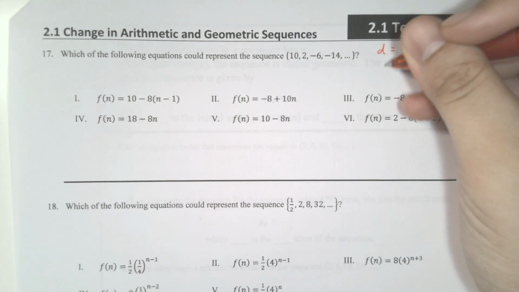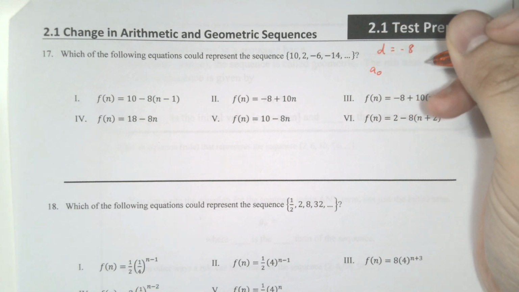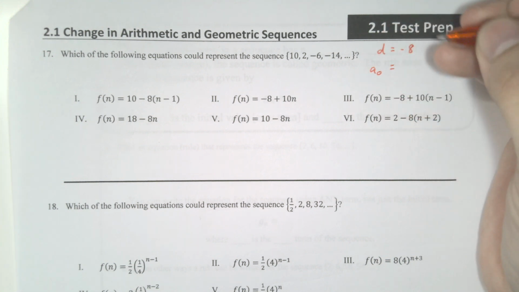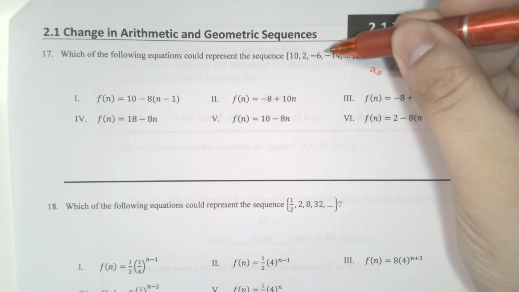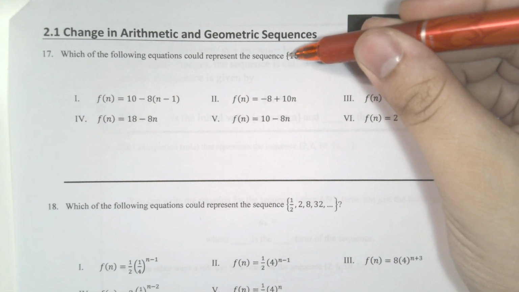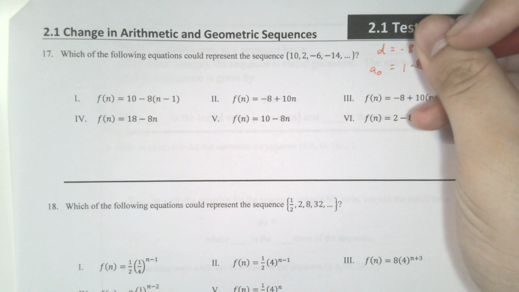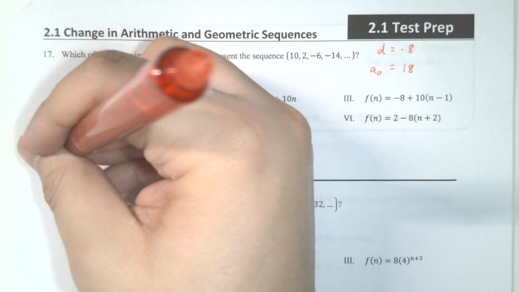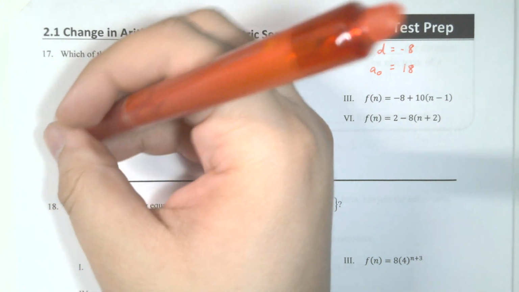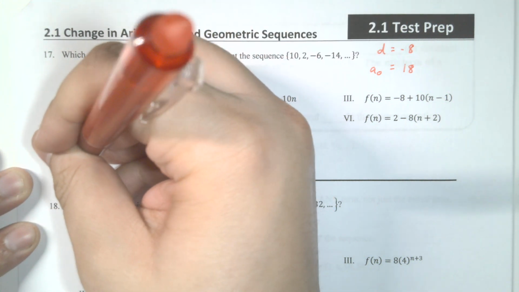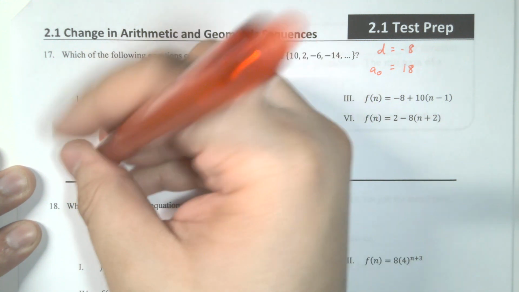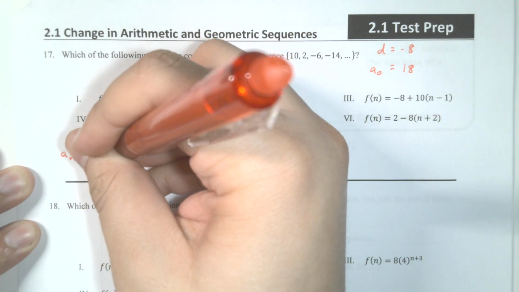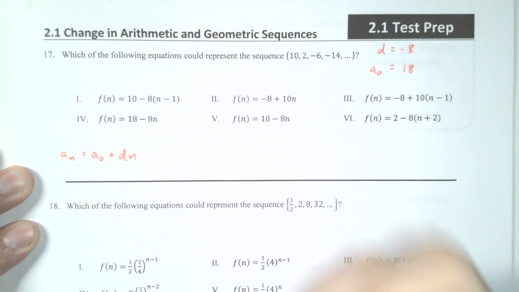And let's figure out what a sub 0 is. A sub 0, if we're subtracting 8 to get to the next term, we need to add 8 to figure out what a sub 0 is. It's going to be 18. So, our general formula, one of the simplest one that we can write, is where we have a sub 0 plus d times n.